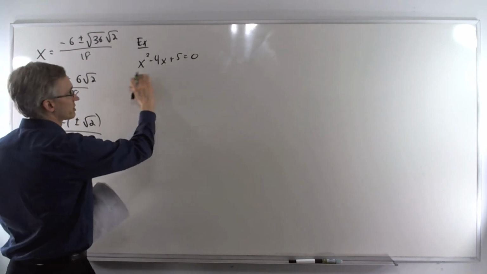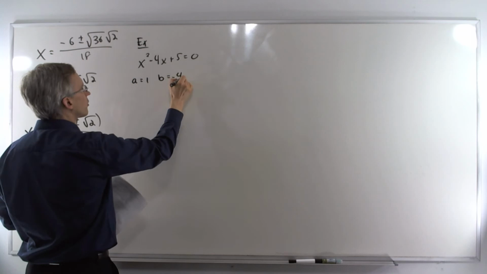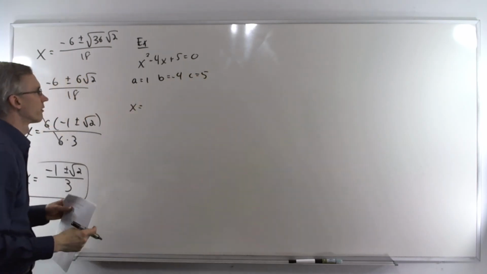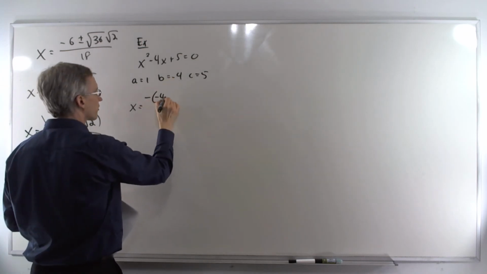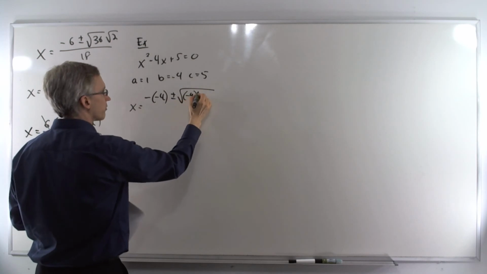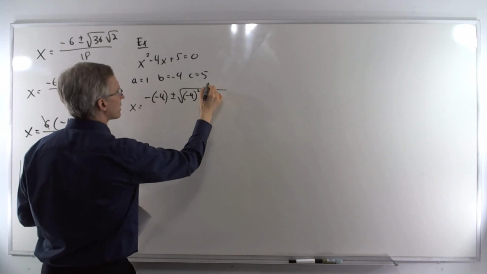So we're in standard form, so go right to step 2. A is 1, b is negative 4, and c equals 5. Let's plug it into the quadratic formula. So we've got negative 4 here, so negative of negative 4 for b, plus or minus b squared, which is negative 4 squared, minus 4 times a, which is 1, times c, which is 5.